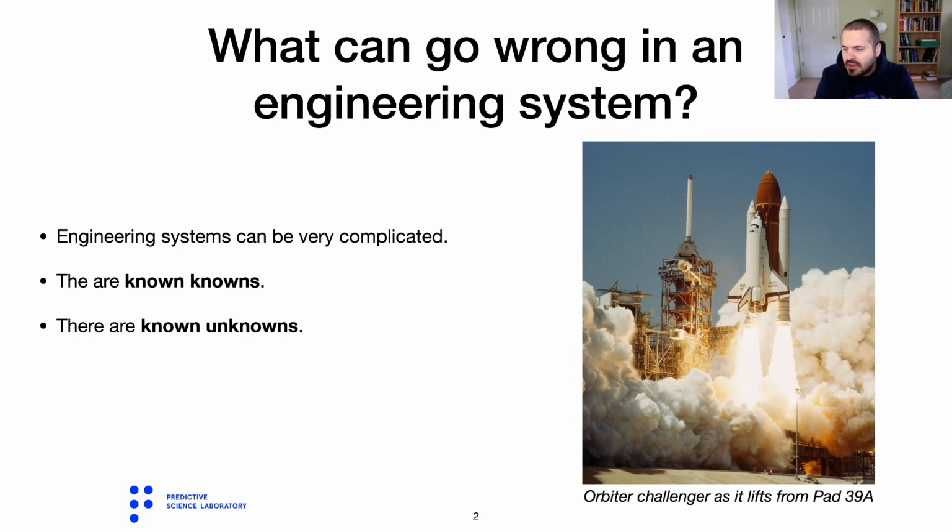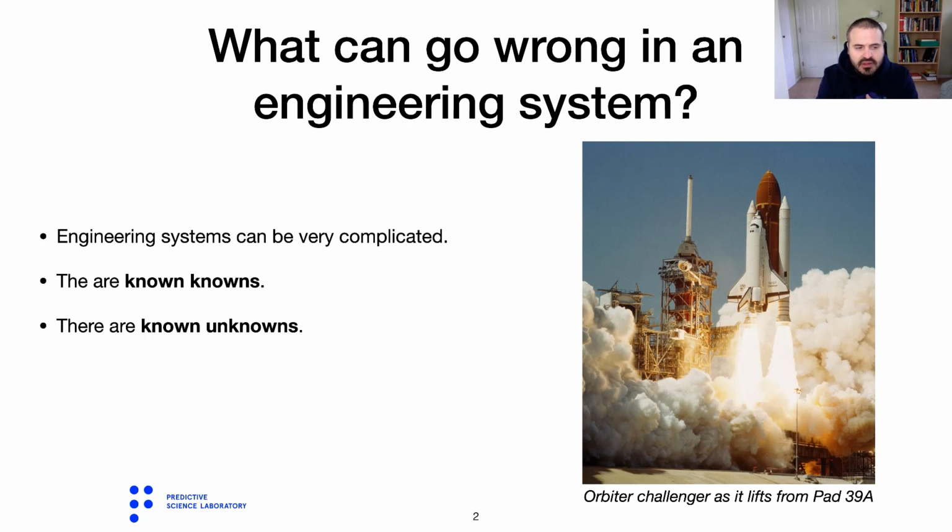This is something that we have not measured yet, but we know that it is needed in our equations in order to figure out how to land a vehicle on the moon. You need to know the acceleration of gravity on the surface of the moon. So even though you haven't measured it yet, you know of its existence, so you say that it is something that you know that you don't know.